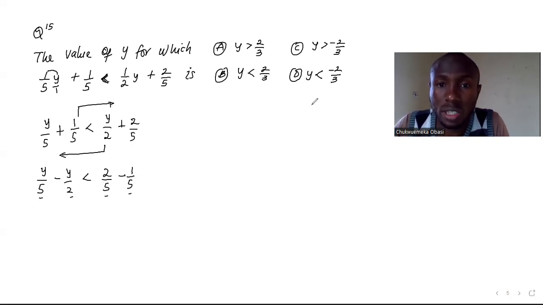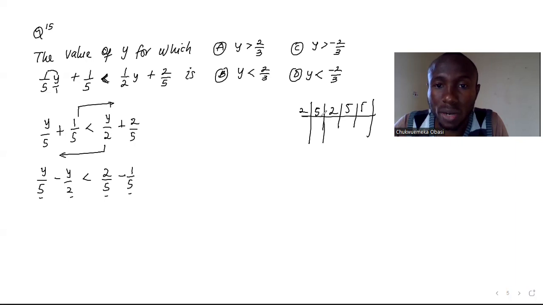I know you still remember how to do LCM. These are all the denominators you have, and now you look for numbers that can divide. 2 can divide: 2 in 5 is 5. Here is 1, here is 5, here is 5. Now 5 can divide: 5 here is 1, 1, 1, 1. And 2 times 5 is 10. So the LCM is 10.